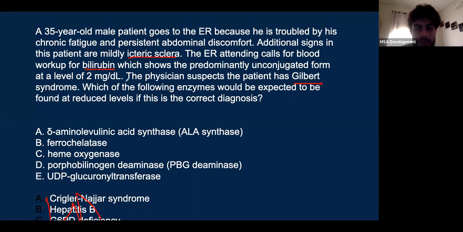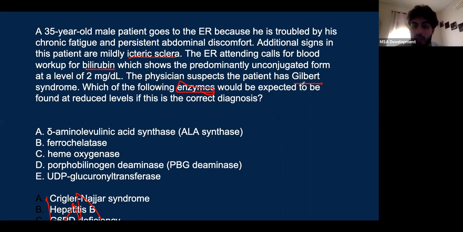So when they have Gilbert syndrome, which of the following enzymes would be expected to be found at reduced levels if this is the correct diagnosis? Basically, this whole question is asking which enzyme is deficient or has a problem in Gilbert syndrome. So it's a straightforward recall question.